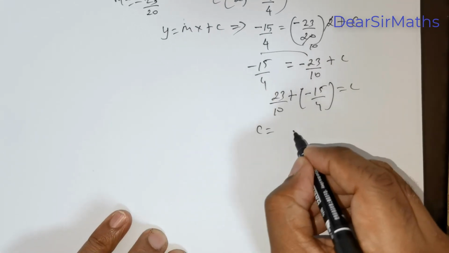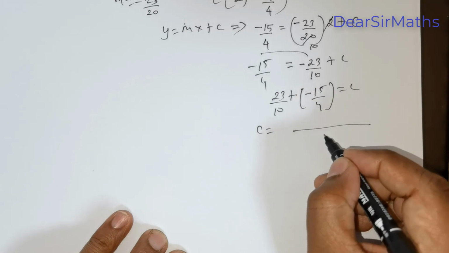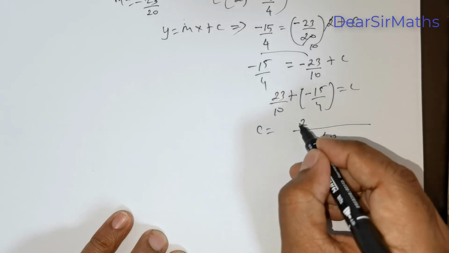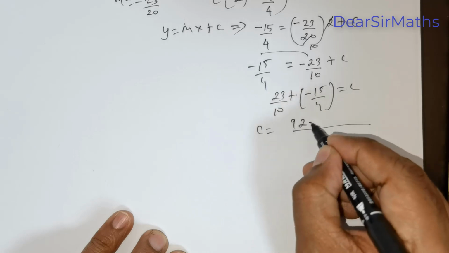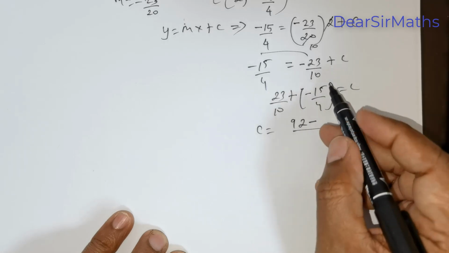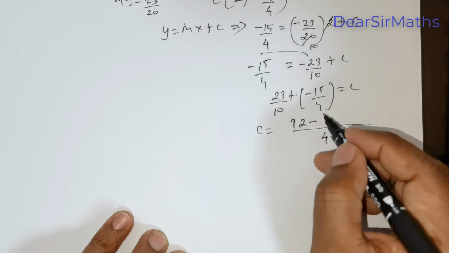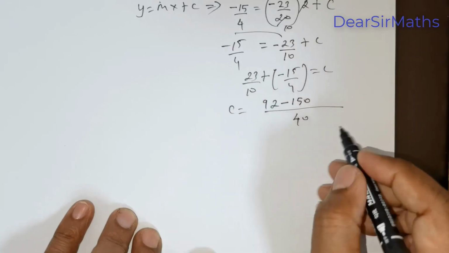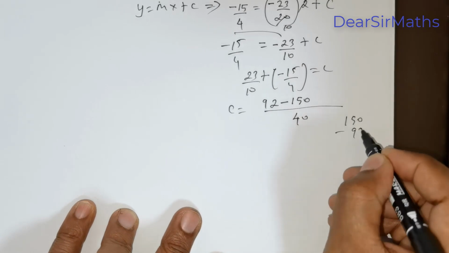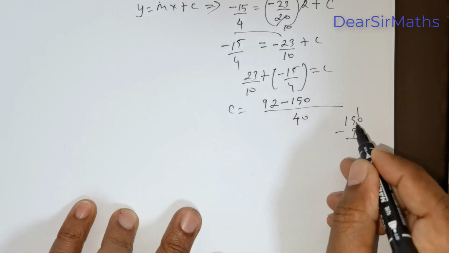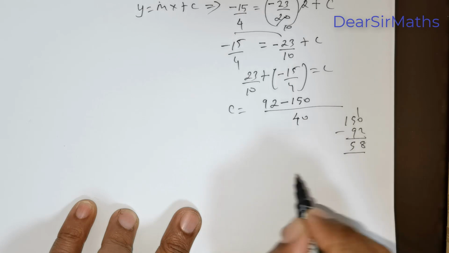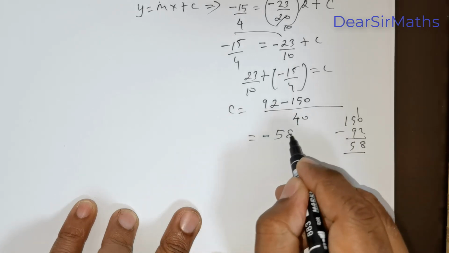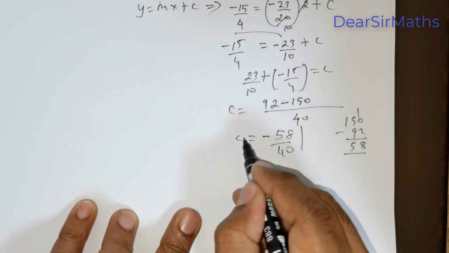So c is equal to, if I take the LCM as 40, 4 times 23 is 92, and 10 times 15 is 150, so you subtract 92 from 150 and get -58/40. This is the value of c.